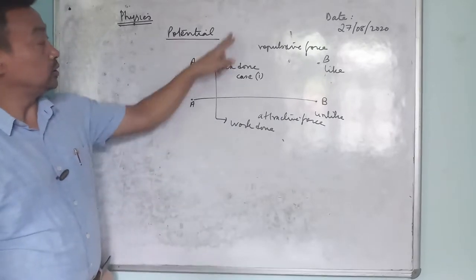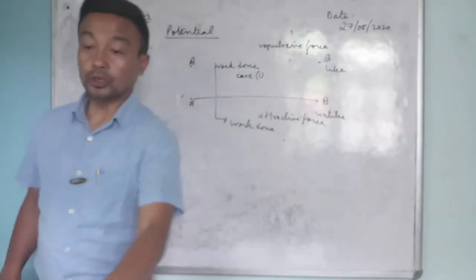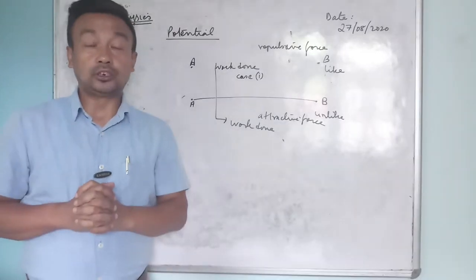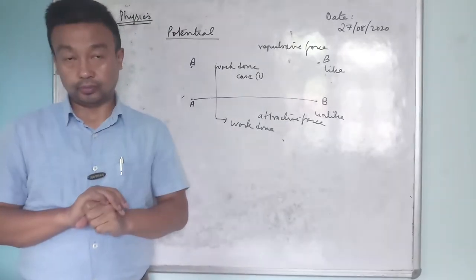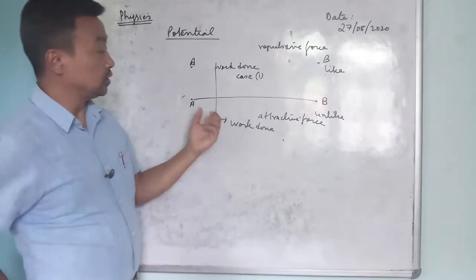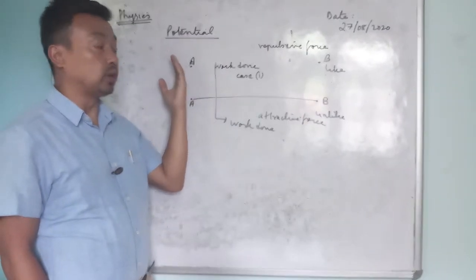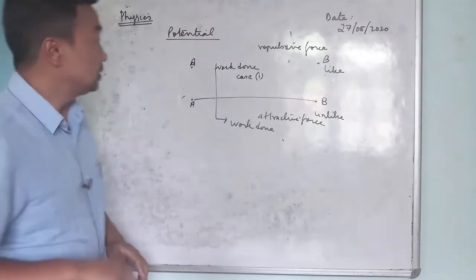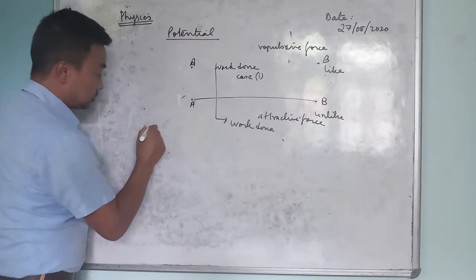So what we come to a conclusion here is, potential is measured in terms of the work done in moving a charge from one region to another region. So now we can define the potential like this.